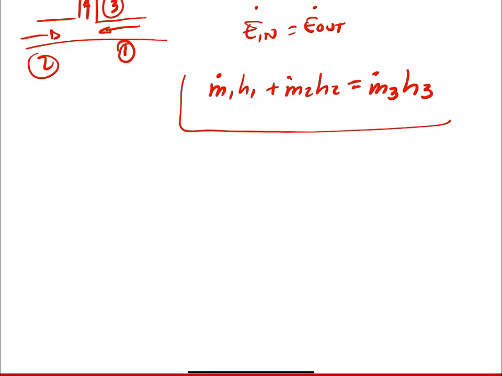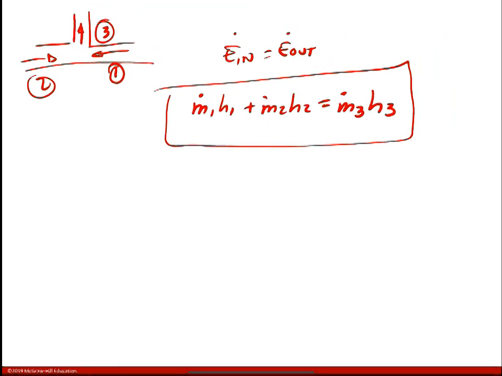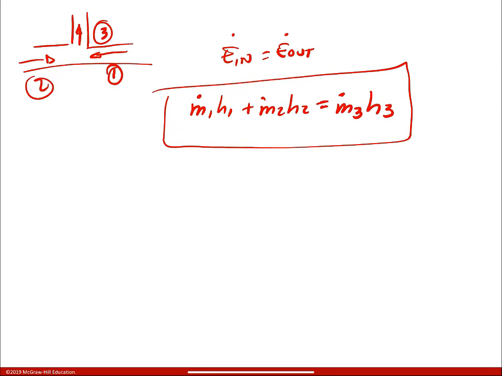And this is the general equation for mixing chambers. What is important about this, guys? Sometimes you're going to have a mixing chamber with 2 entrances and 2 exits, or probably 3 entrances and 1 exit. That's when you need to be worried about it. Just use as a general equation that energy that comes in is equal to energy that comes out. And pretty much the mass flow rate multiplied by the enthalpy will tell you exactly the energy that is going through this current.